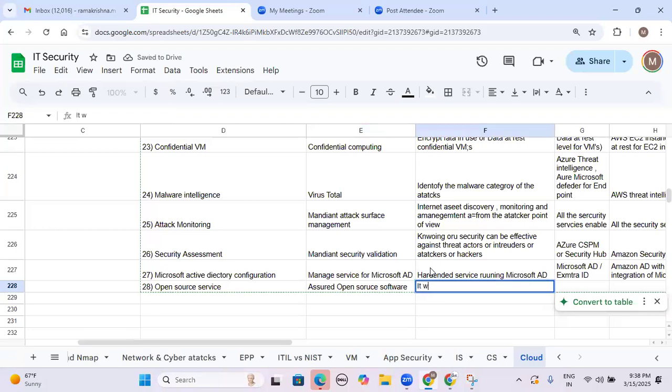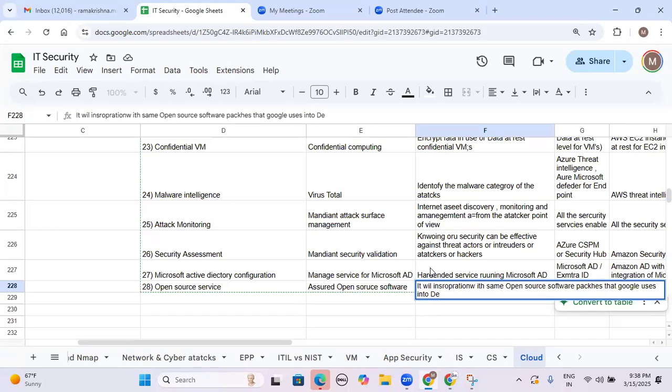It will do incorporation with the same OSS package, the same open source software package that Google uses in developer workflows.